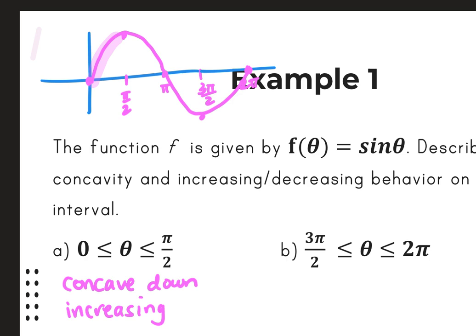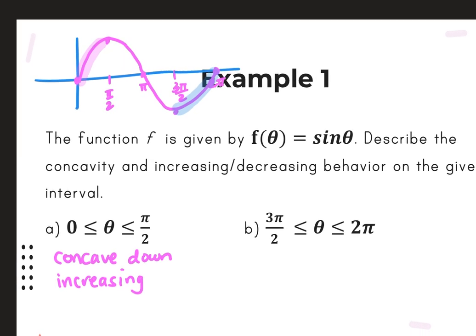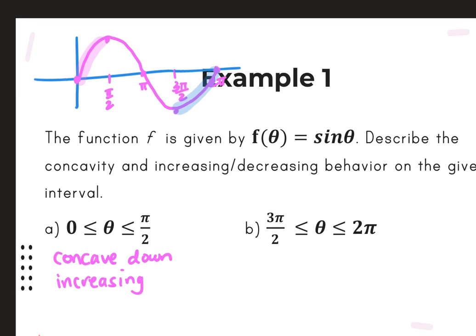Then what's happening from 3 pi over 2 to 2 pi? Is that concave up or concave down? Concave up. And increasing or decreasing? Increasing. Easy stuff if you know what the graph looks like, right? So that's part of your challenge, making sure you know what that parent function looks like.